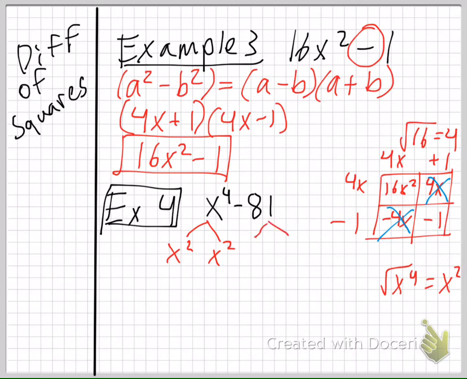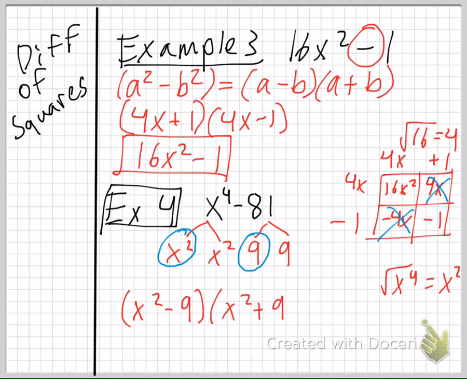Now what about 81? Well, 81 is 9 times 9. So again, 81 is also a perfect square, with my a being x squared and my b being 9. So I can rewrite this expression as x squared minus 9 and x squared plus 9.